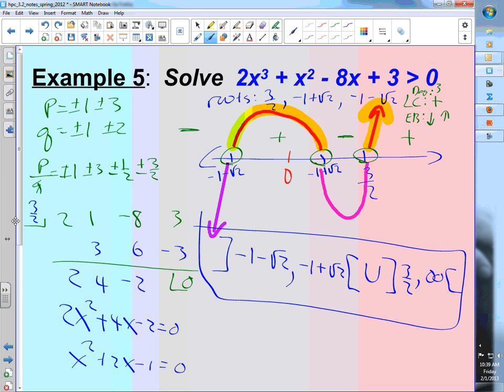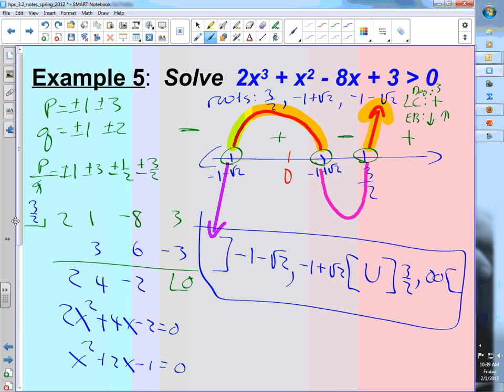If it's imaginary, it's irrelevant to us because they're not on the x-axis. We only care about the actual x-intercepts. That means you're going to have a little wiggle above or below the x-axis, which doesn't change positive or negative for us. So let's just say that these two roots didn't exist. Then your graph would be down on the left, up on the right, so you would come through here.